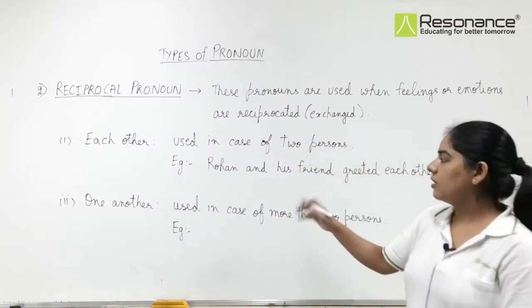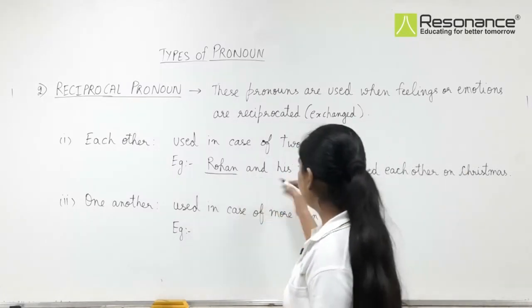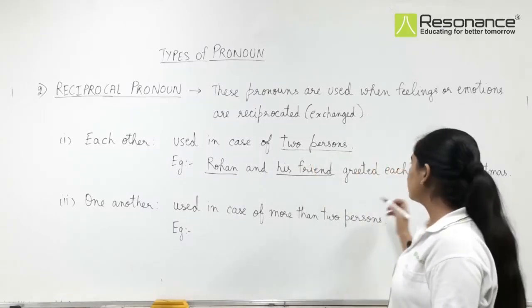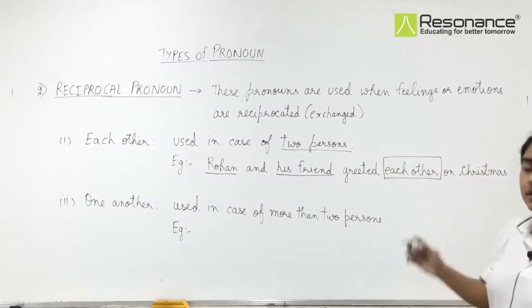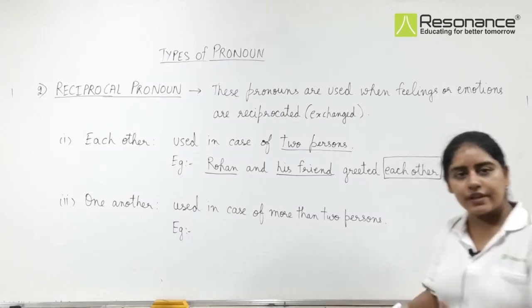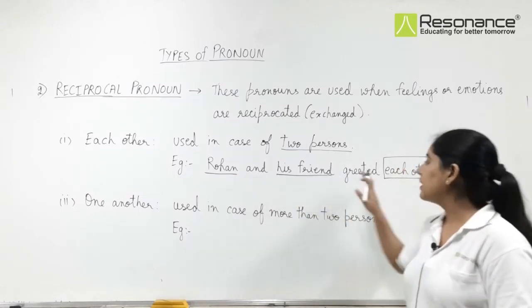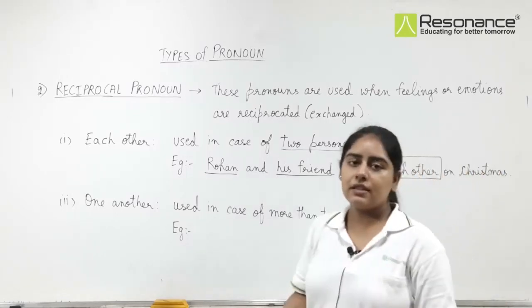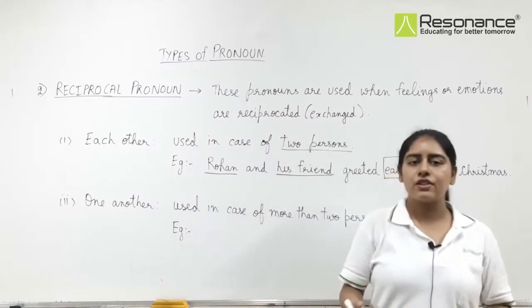Now here, who are we talking about? We are talking about two people over here. First one is Rohan and second one is friend. So when two persons are referred, we use what? We use each other in the sentence. This is the reciprocal pronoun. Now what is reciprocated over here? क्या चीज़ है जो exchange हो रही है इन दोनों के बीच में? Greetings exchange हो रही हैं. When we meet our friends and relatives on Diwali or on any occasion, what do we do?